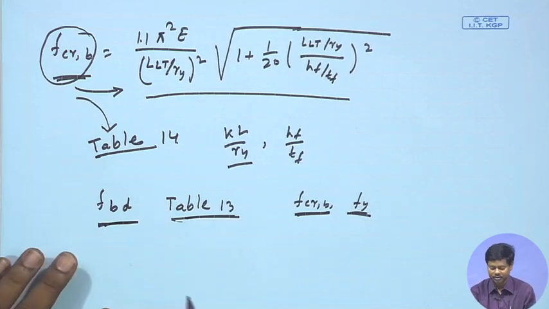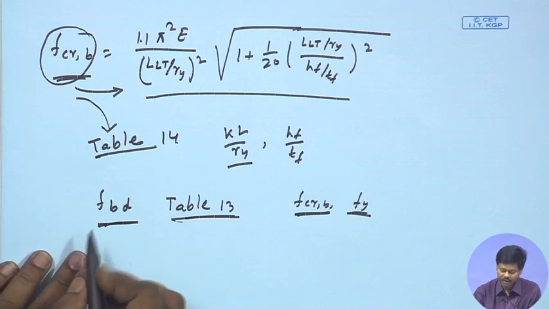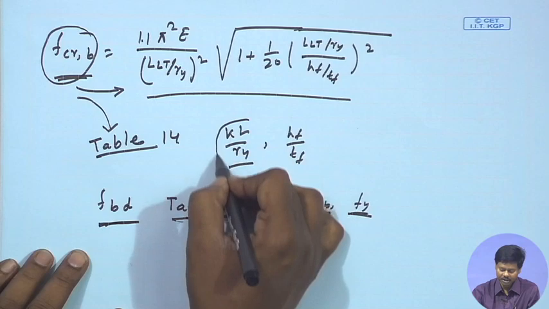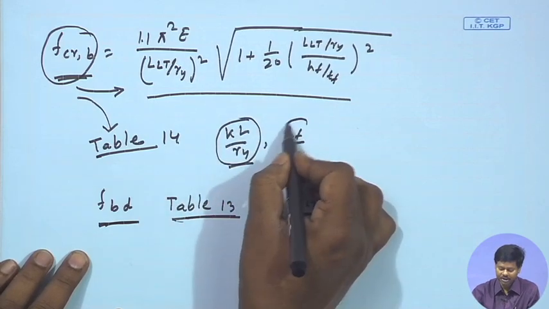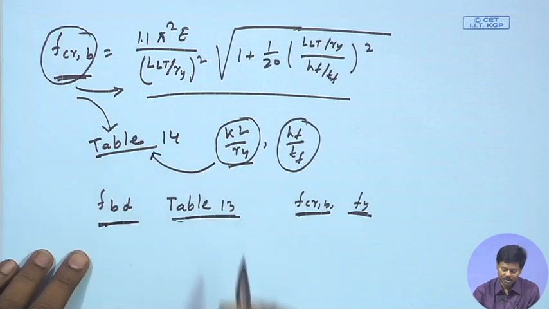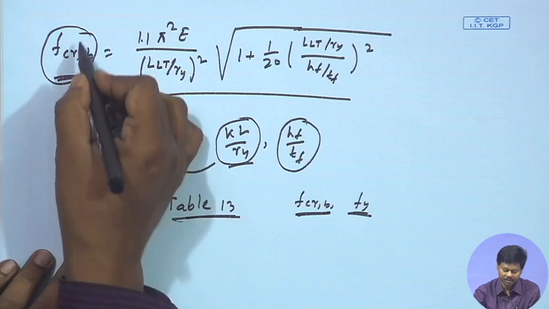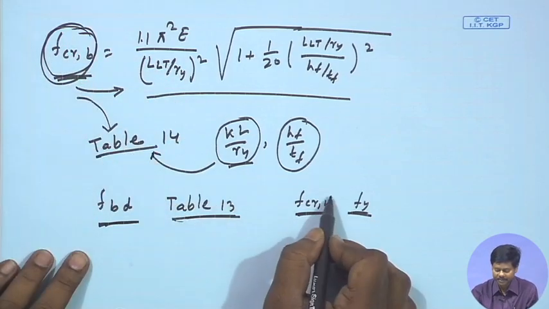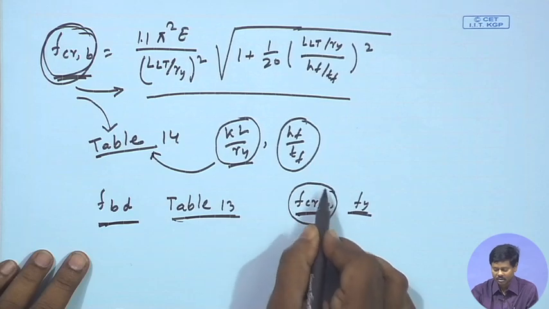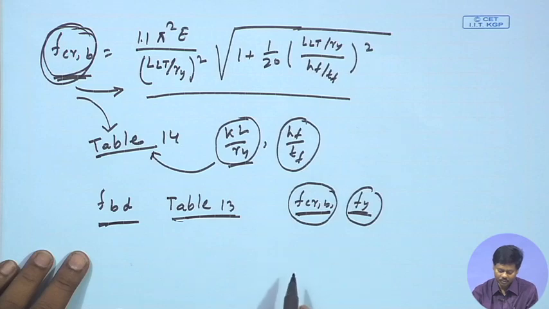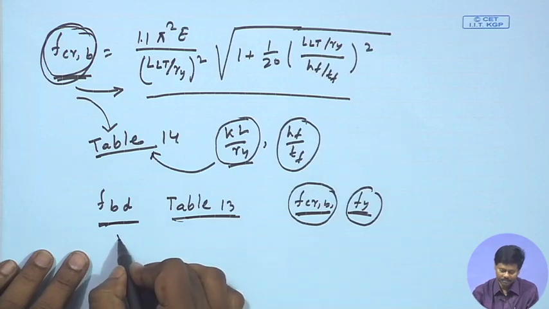So, without calculating through the expression, directly what we can do, first we can find out the KL by RY ratio, the HF by TF, and from that we can use table 14 and find out the value of FCRB, and once the FCRB value is obtained, then corresponding to FCRB value and FY, we can find out the value of FBD.